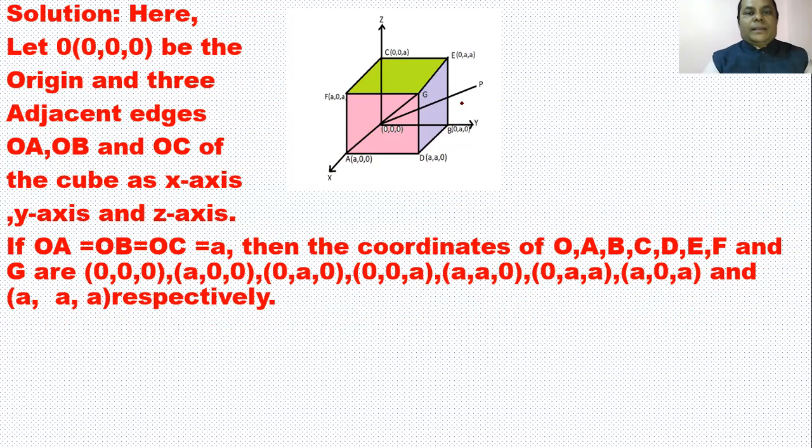If OA equals OB equals OC equals A units, then you need to find out the coordinates of each point. The coordinates of O, A, B, C, D, E, F, and G are, respectively: coordinate of O is 0, 0, 0.